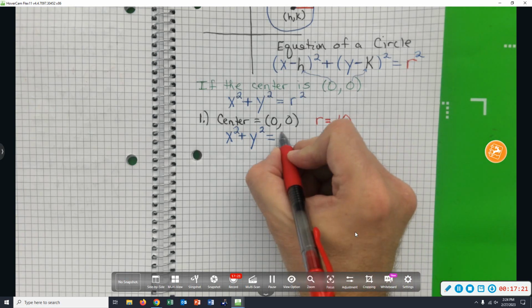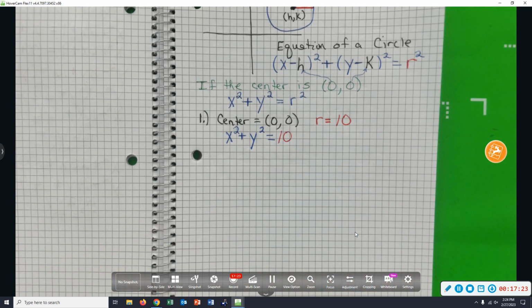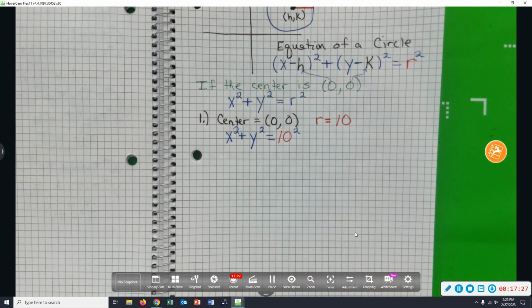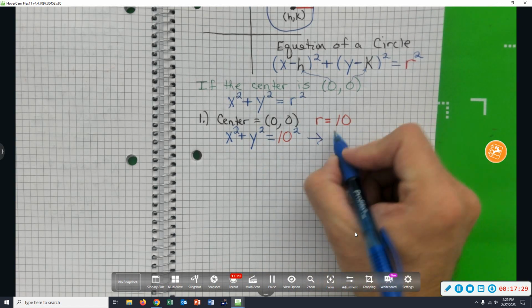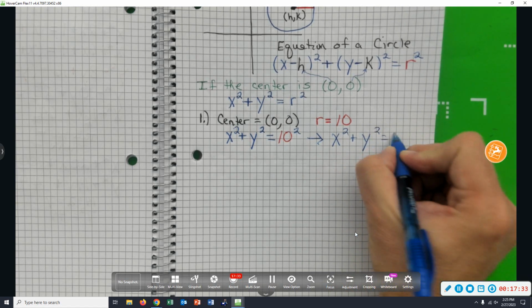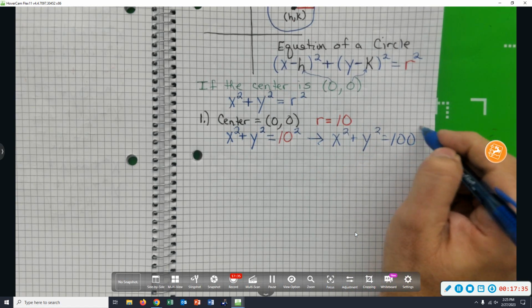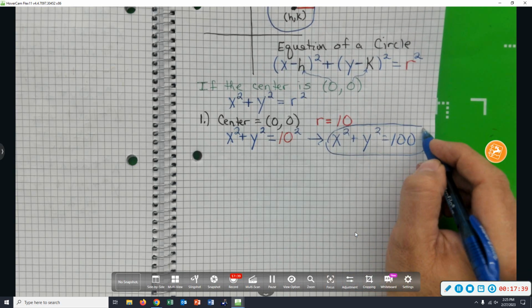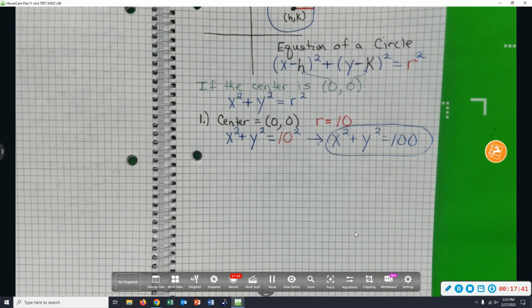Well, what's 10 squared? 100? So what I'm going to have to type in is, and here's the answer, x squared plus y squared equals 100.